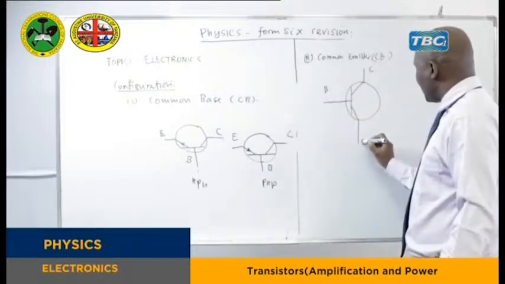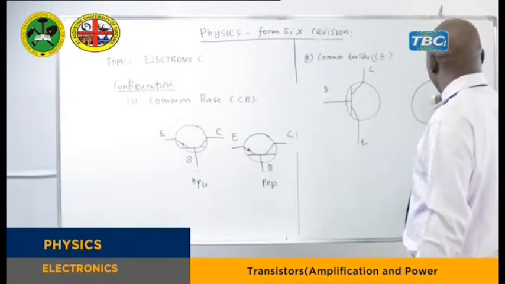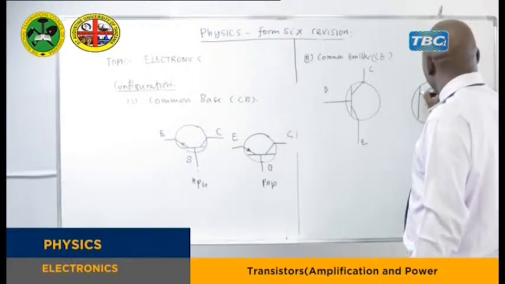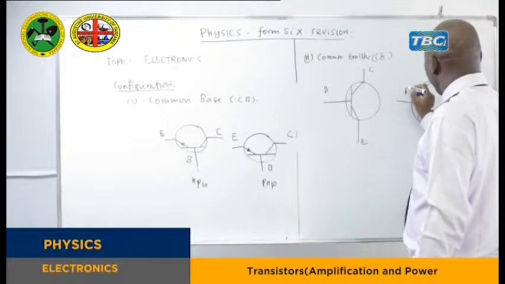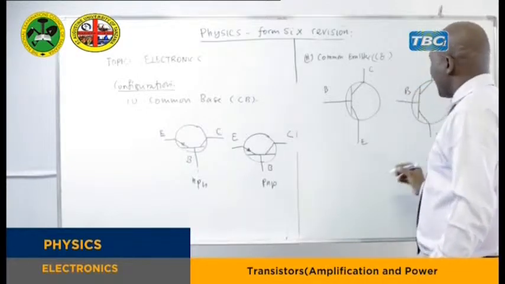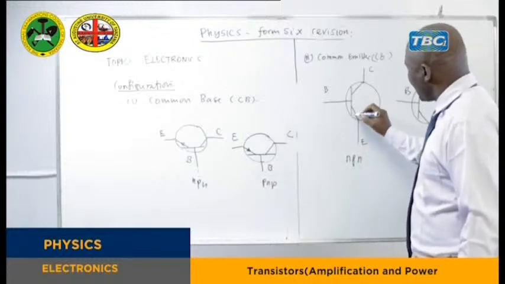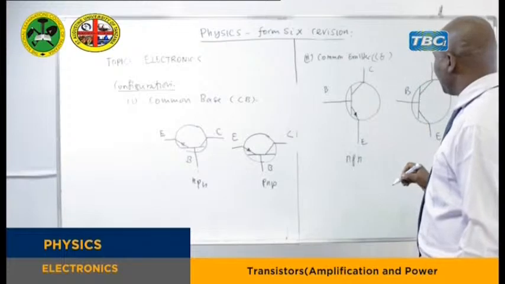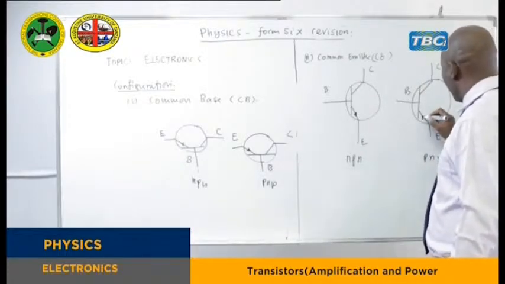This is our emitter. So depending on whether you have an NPN or a PNP, let's talk about the NPN. This arrow should be pointing outside. For the PNP, that arrow should be pointing in.